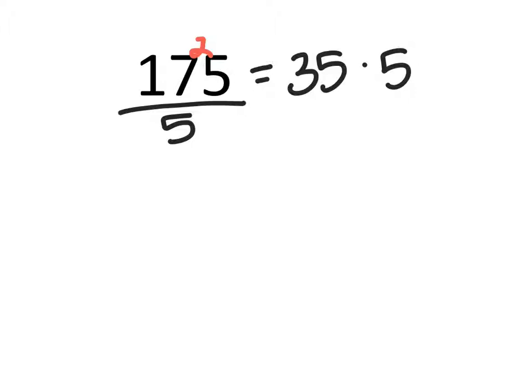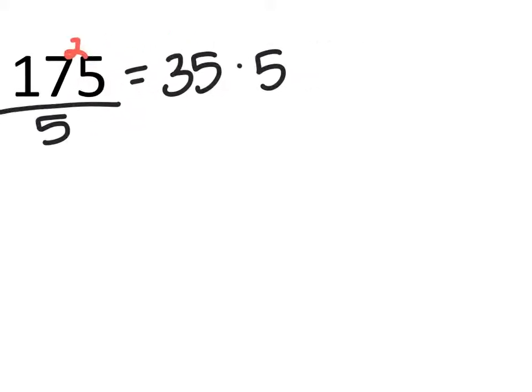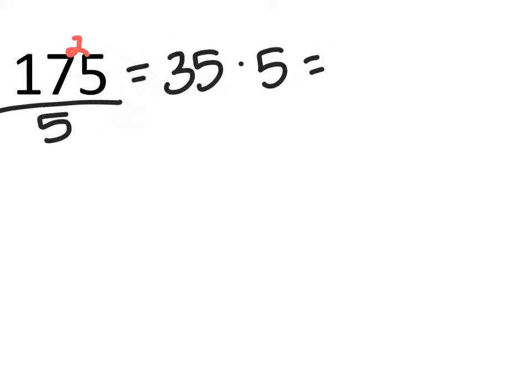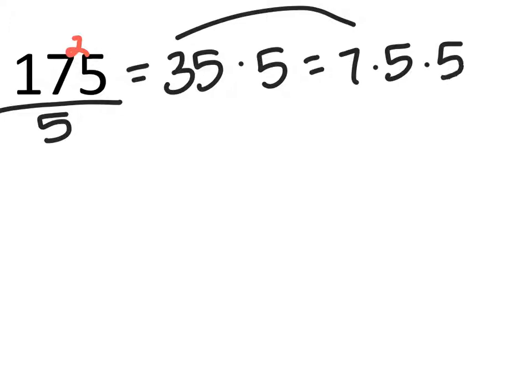Now I can break down 35 into its smaller pieces. I just need to break that down into 7 times 5, and then add on that 5 that I already divided out.